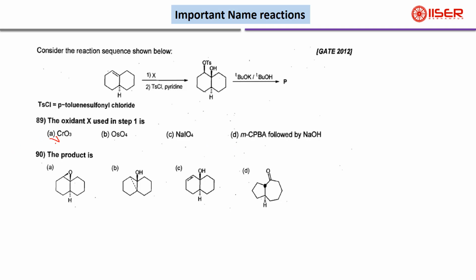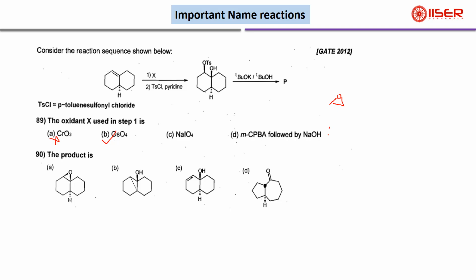This is an oxidation reaction. Osmium tetroxide gives us a syn dihydroxylation. NaIO4 is not for the dihydroxylation step. If you use MCPBA followed by NaOH, MCPBA will give an epoxide first, and if you add NaOH it will open up and give a dihydroxylation.